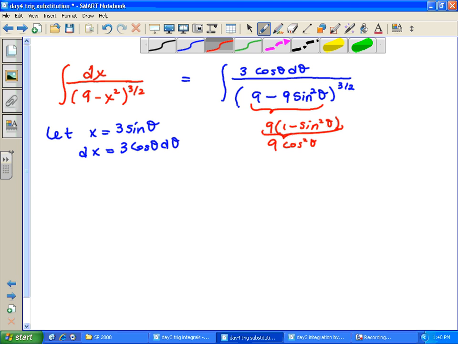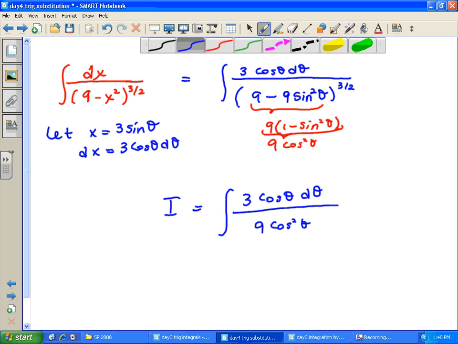Okay, so this I will put in my next step. The original integral is equal to, on the top, 3 cosine theta d theta. On the bottom, we have 9 cosine squared theta, all together to the 3/2 power.